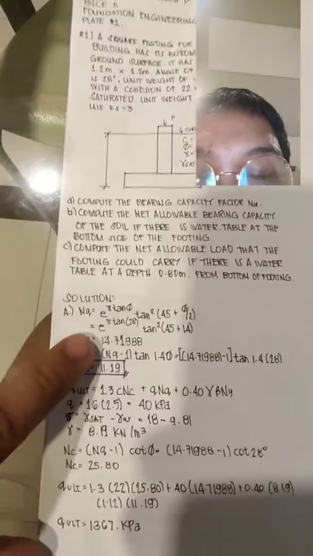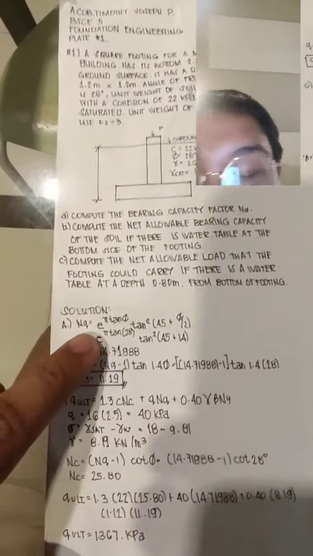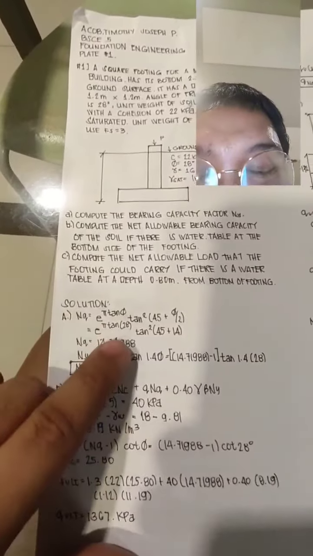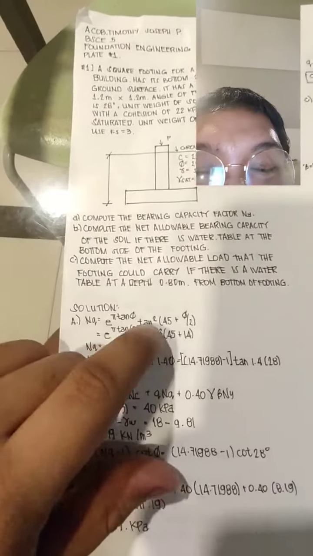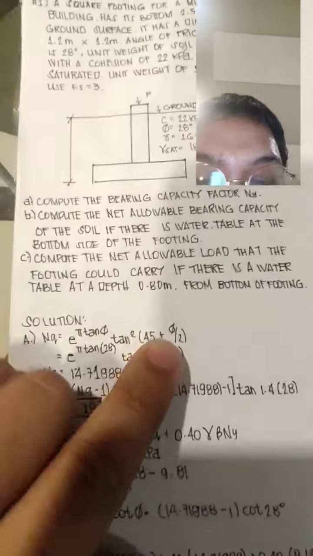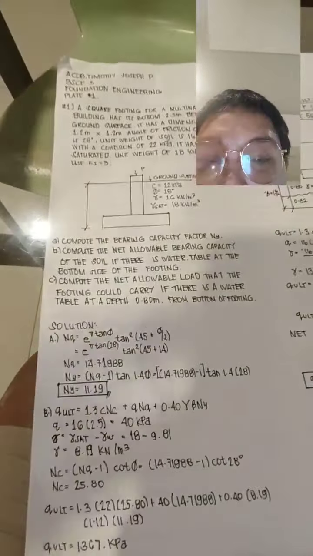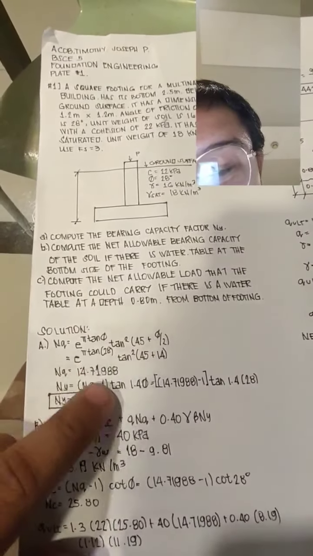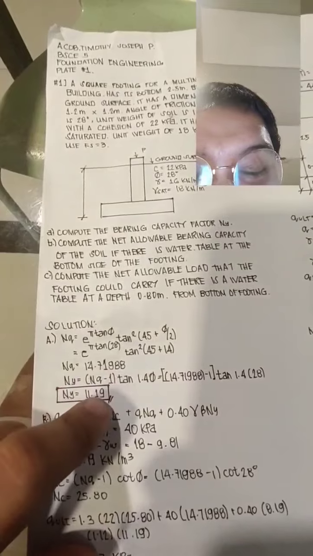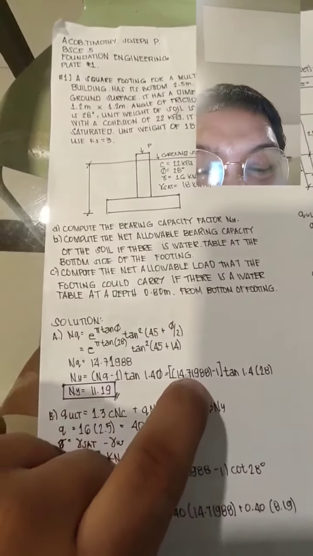For problem A, here is Nq. We use this formula: e raised to pi tan theta, times tan squared of 45 plus theta over 2. So, there it is. Now we also get this value, and then we bring it here.